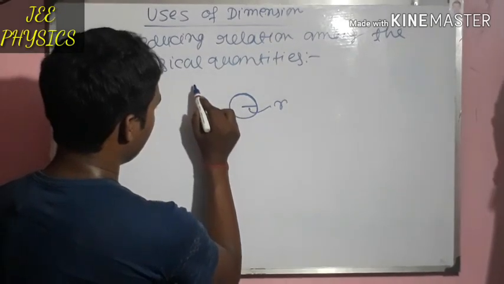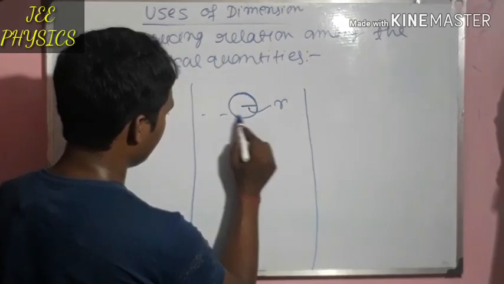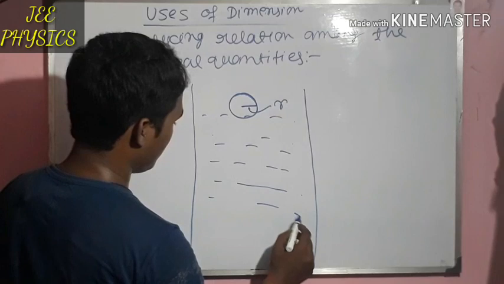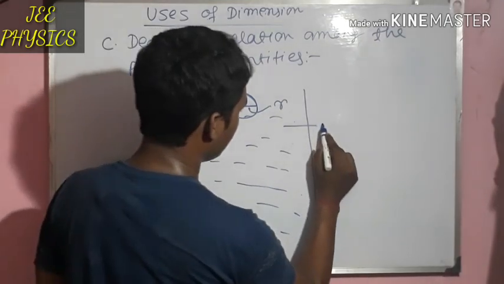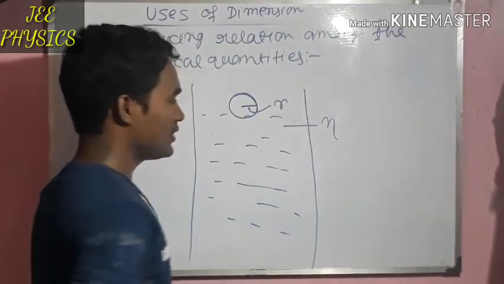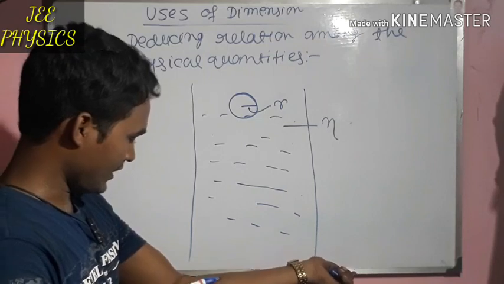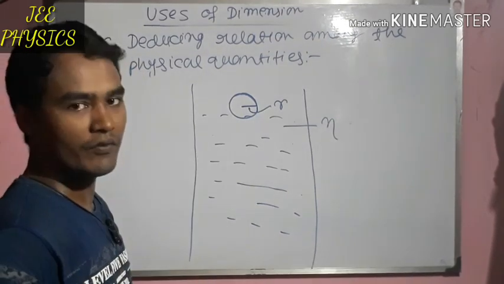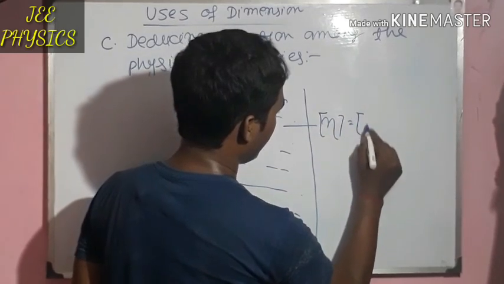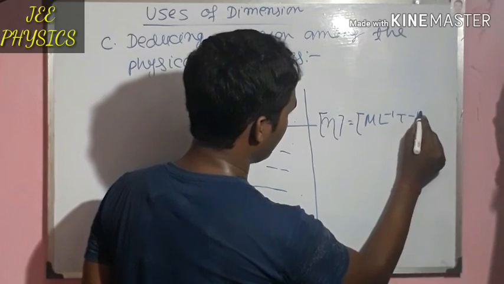This ball is falling in a liquid. The liquid has viscosity eta. Viscosity means the friction of the liquid, and it has dimension M L inverse T inverse. It will help you.